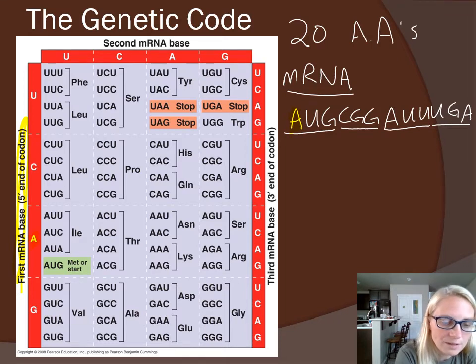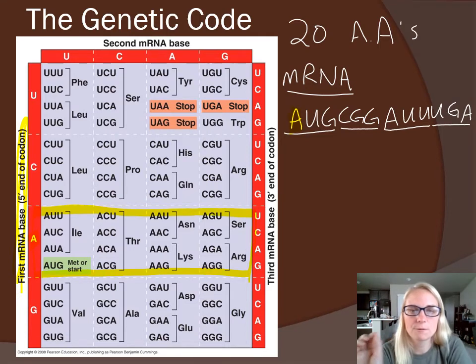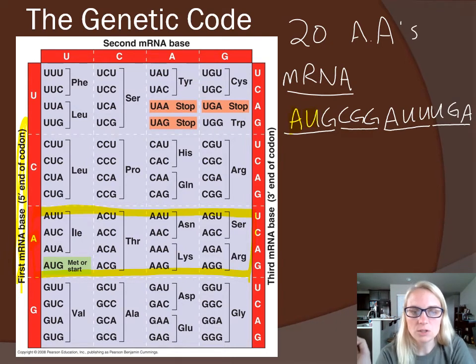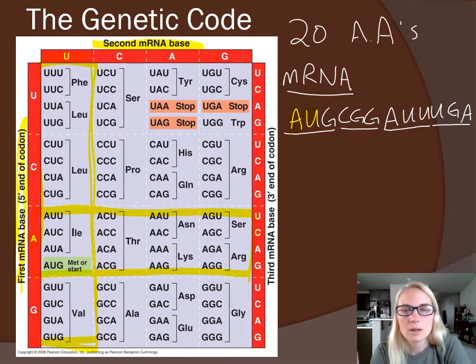Everything in this box going horizontally has A as the first letter in the code. Then the second letter is U, so I find U up here in the second mRNA base. Now everything in this box has U in the second base position.